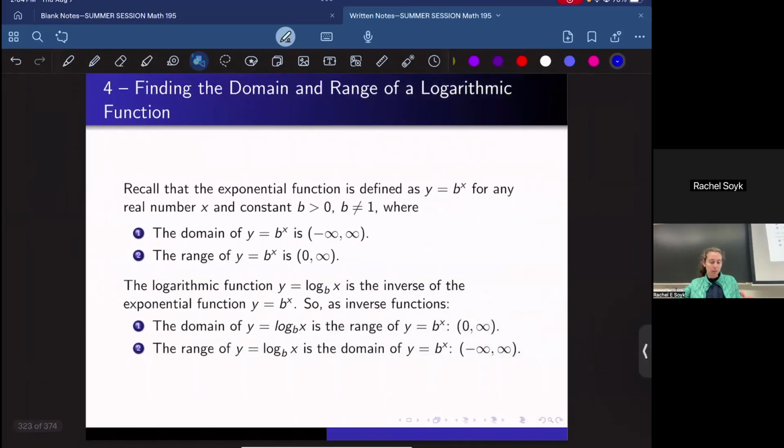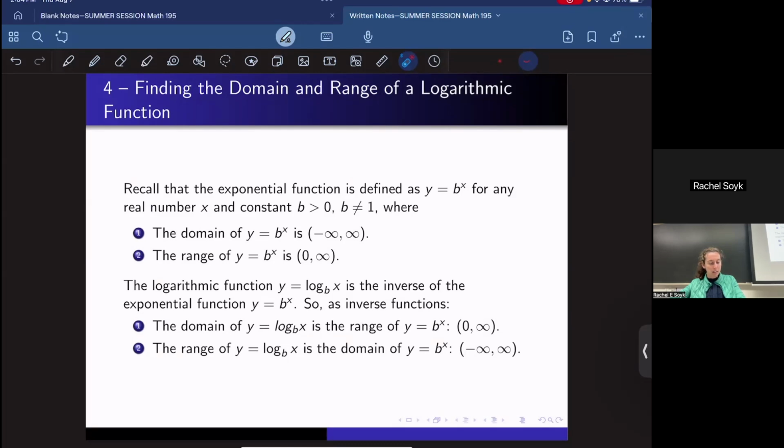Right, now we're on to our fourth objective for today, where we are finding domain and ranges of logarithmic functions. And again, they're the inverses of the exponentials. So when we're dealing with range now, we have no restrictions. It's just now the domain is restricted based off of that vertical asymptote, which we'll later see when we practice graphing.